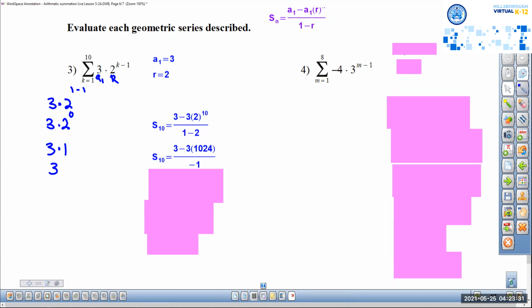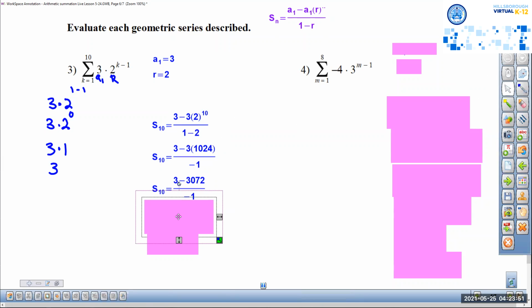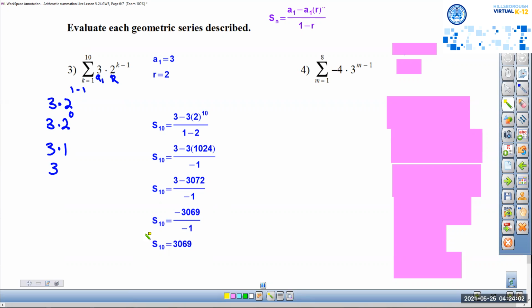So you can simplify: 2 to the 10th is 1,024. And in the denominator, 1 minus 2 is negative 1. Now multiply the negative 3 times 1,024. And that gives you 3 minus 3,072. Divide by negative 1. So 3 minus 3,072 is negative 3,069. Divide by negative 1, and you get 3,069.